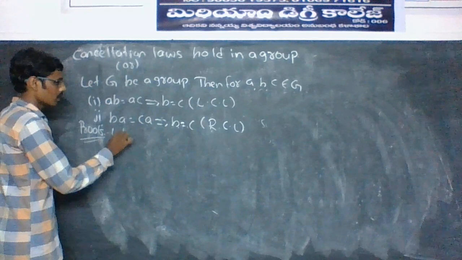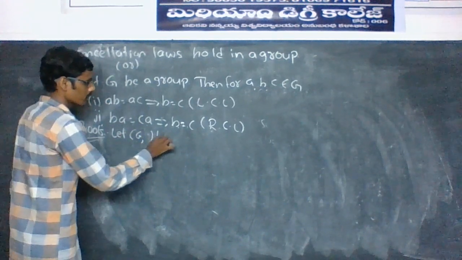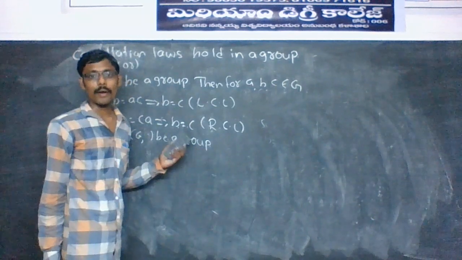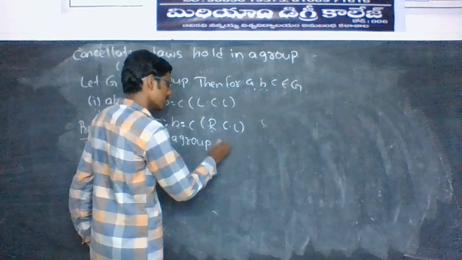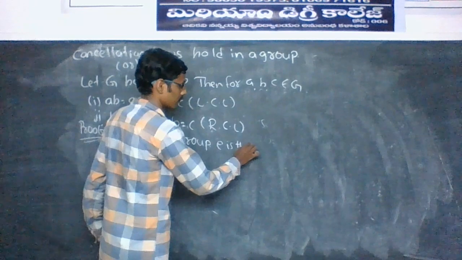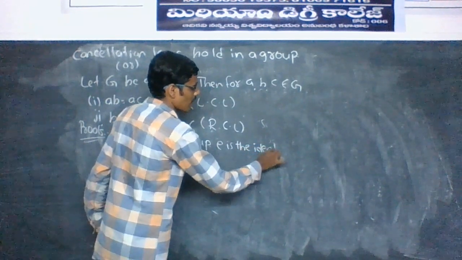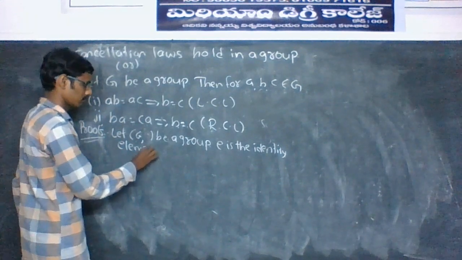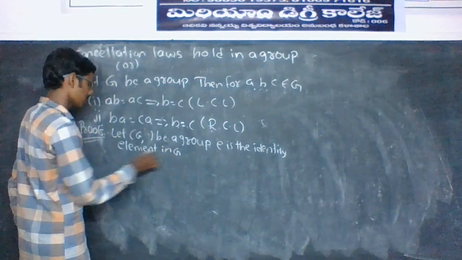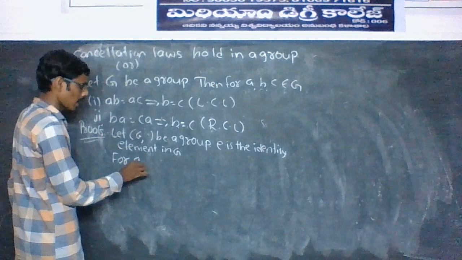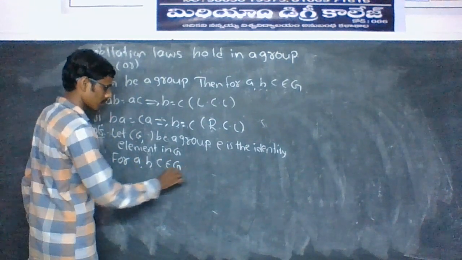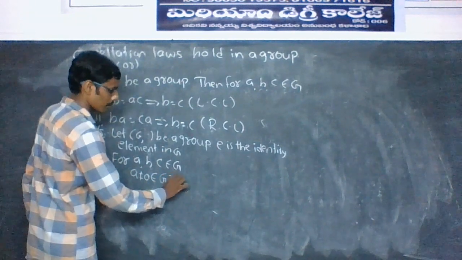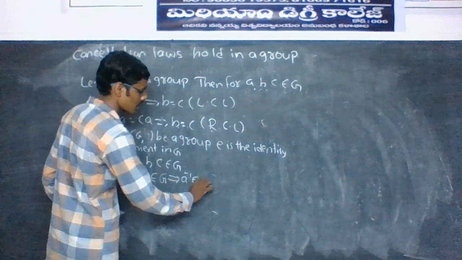Let (Z, ·) be a group. E is the identity element in Z. For A, B, C belonging to Z, A not equal to 0 belongs to Z implies A inverse belongs to Z. Z is a group.